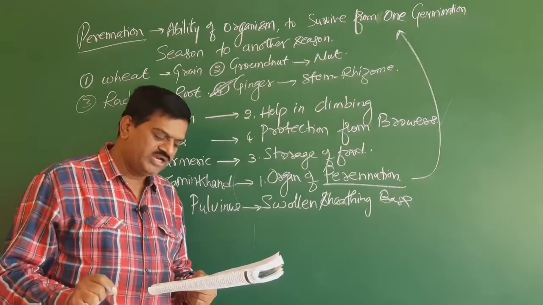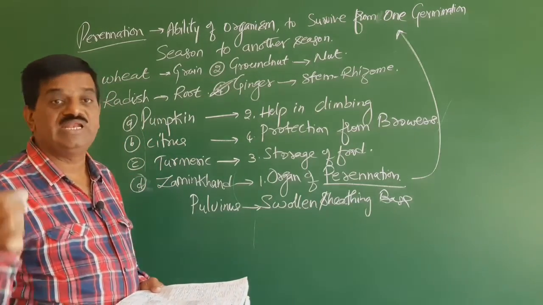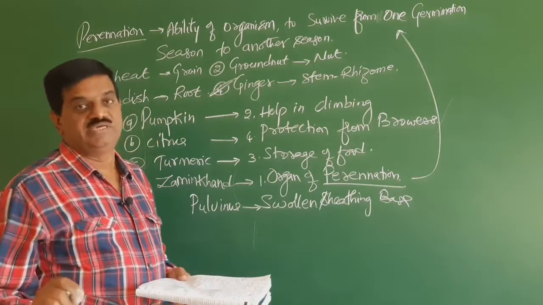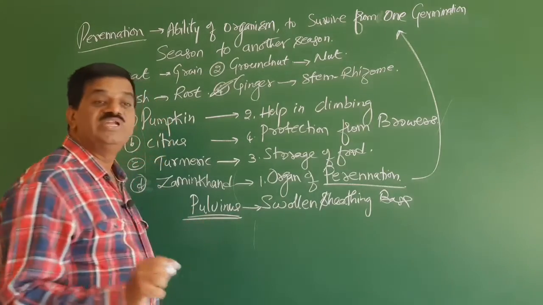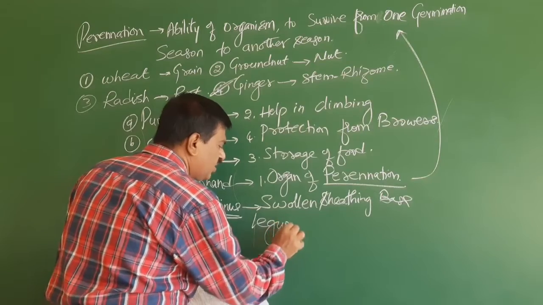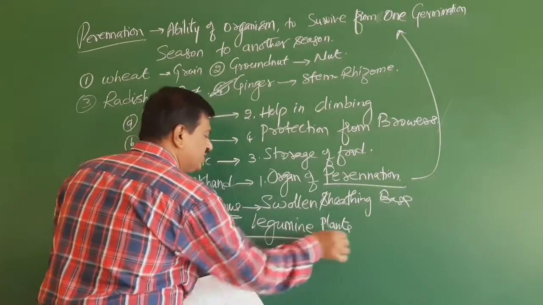The third one is legume plant or leguminaceae. This legume plant can be noticed in beans. In this there is a presence of pulvinous leaf base.